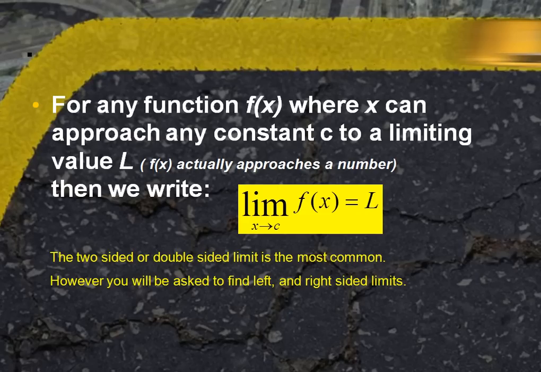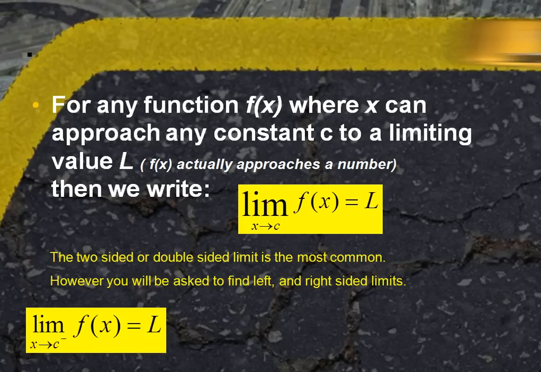Now sometimes we may only want to look from either the left or the right, and so we would show those notations like this. The first one is looking from the left. It says the limit as x approaches c from the left, that's what that little negative means, of f of x is equal to a value.